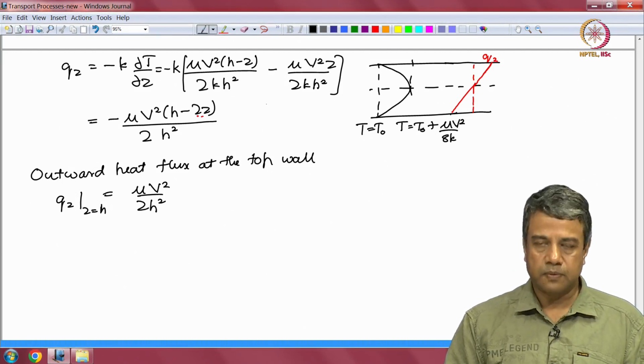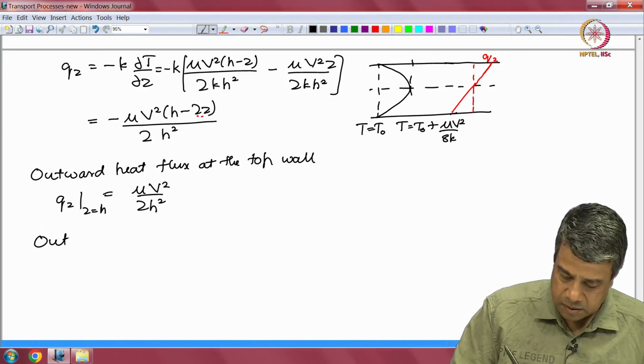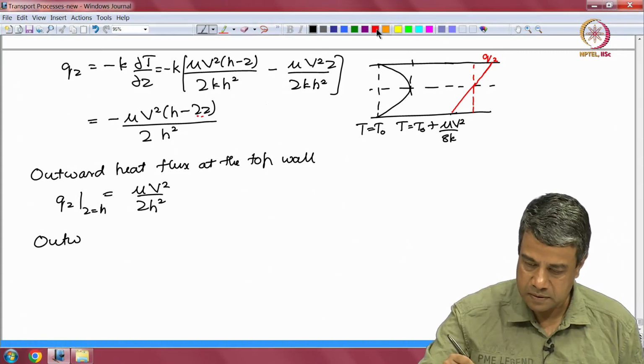This is the flux going upward at the top wall. That flux is going in the positive z direction, because it is positive.